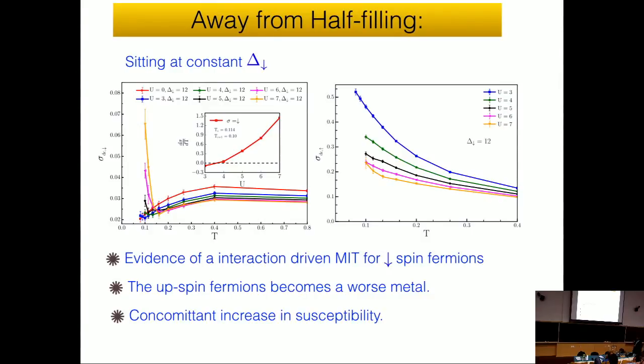Now, if you look at the spin-up species, it's a good metal here, but as you keep increasing the interaction strength, it becomes just a worse metal. Now, accompanied with this rather remarkable upturn, we actually see another feature.